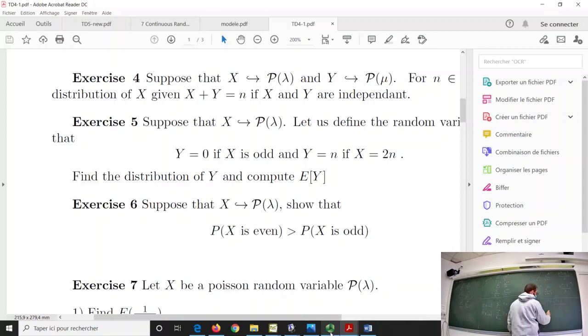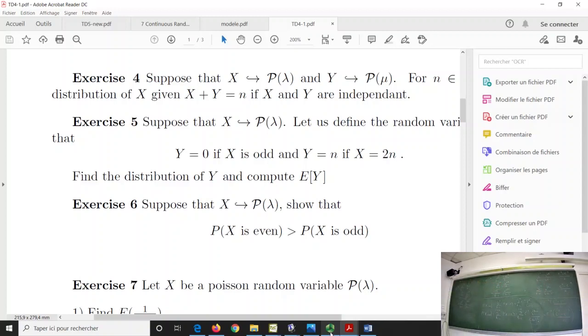And here I have exponential minus lambda times exponential lambda minus exponential minus lambda over 2. Because I just used my trick of computation for these two sums.